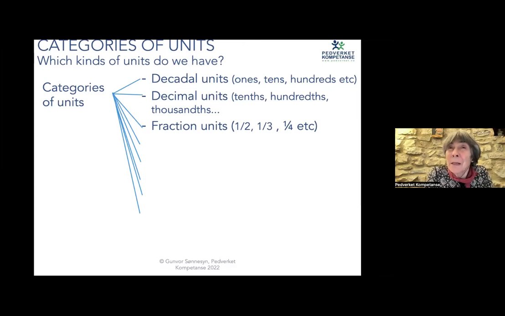And of course, that can be understood in different ways, but it could mean that you think also of a fraction as a unit, like 1/3, which is a unit when you divide a whole into 3 equal parts, of course. And 1/4 is a unit when you divide a whole in 4 equal parts, and so on.